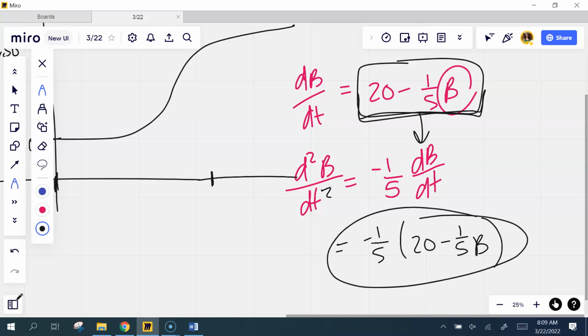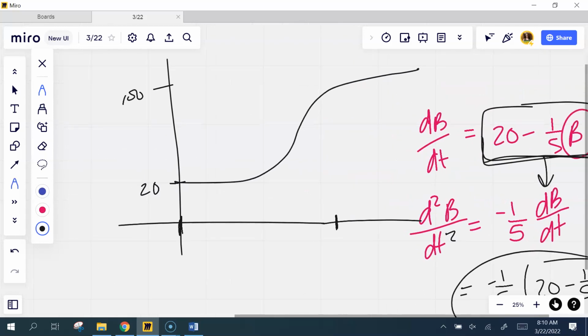Do you agree? If I plug in 1 here for B, I'm going to get a negative value. If I plug in 2, I get a negative value. In fact, for all these values, this should be negative, which tells me it should be concave down. This graph is not concave down here. So that's what you had to say.